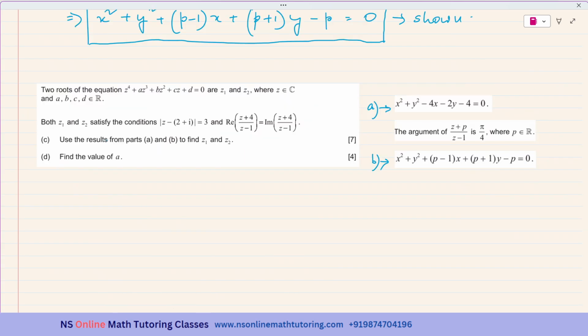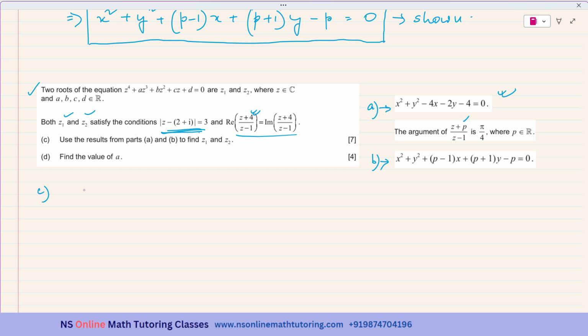Okay. So I have brought this question down. This is subpart C. As we had seen, P's value is equal to 4 over here. And they are saying that these two conditions are met by z1 and z2. From this condition, we had found this equation.